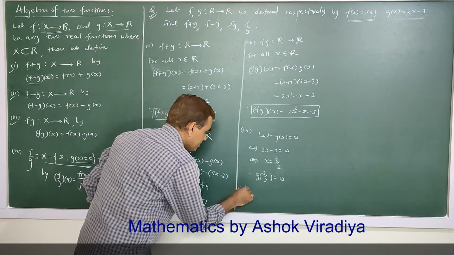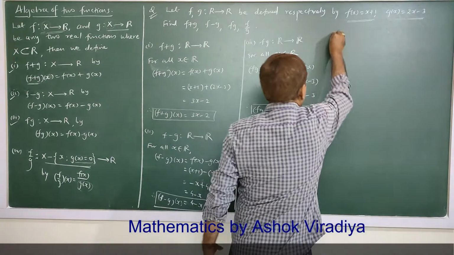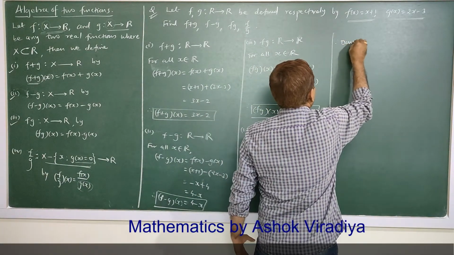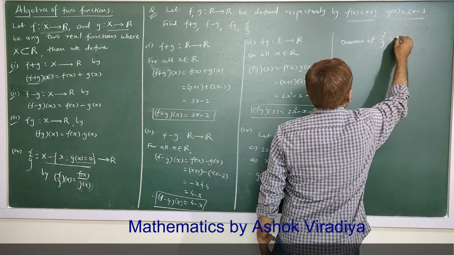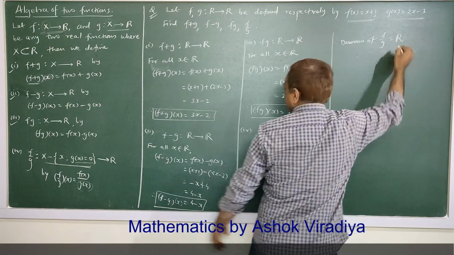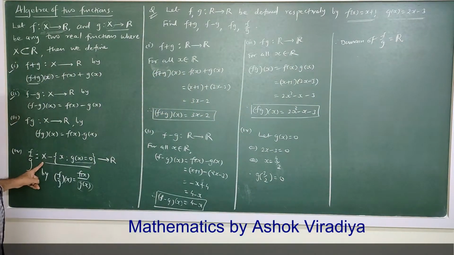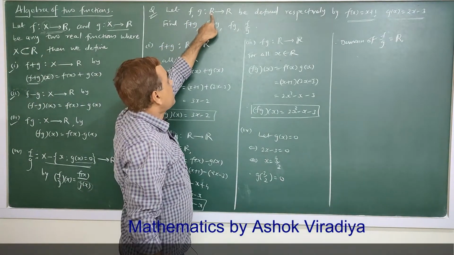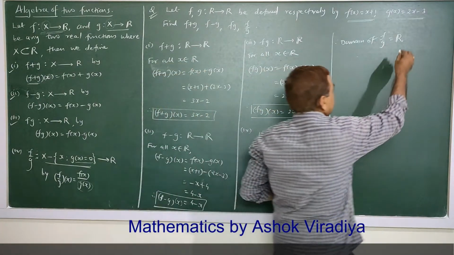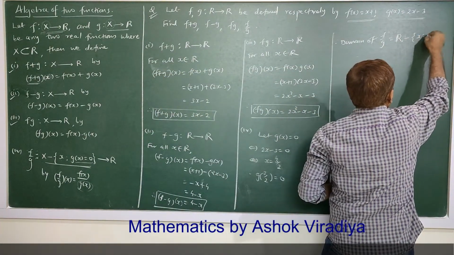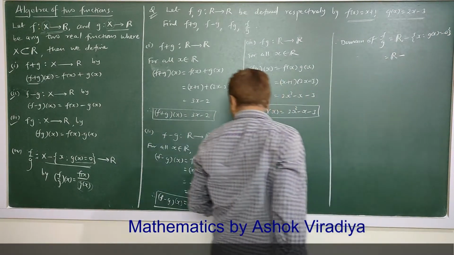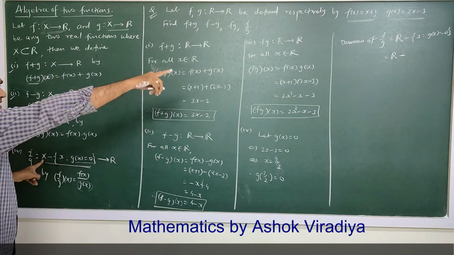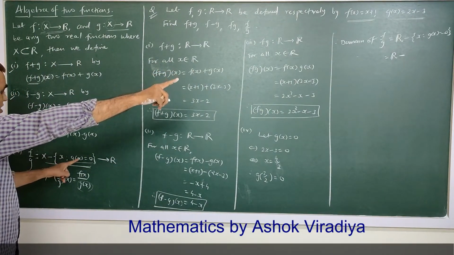Therefore, the domain of f upon g is the set of all real numbers, R, minus those x for which g(x) is 0.